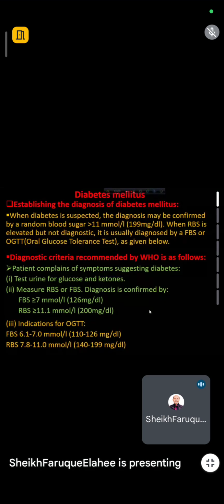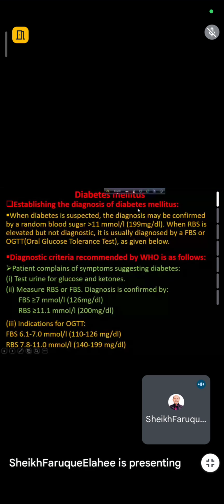If you suspect a guy has diabetes, you send him to do the test now, RBS, no need of fasting. If he has more than 11 millimole sugar, yes, he is a diabetic patient. You can diagnose him.